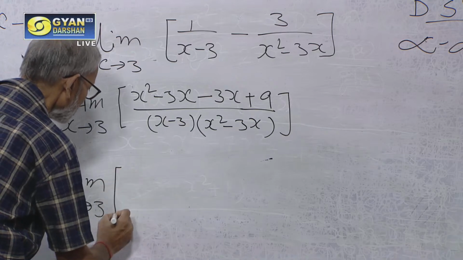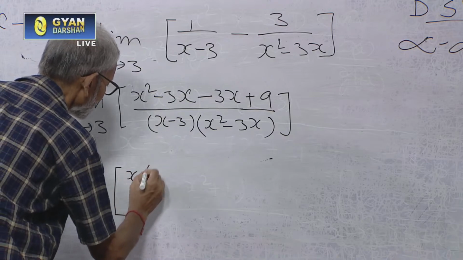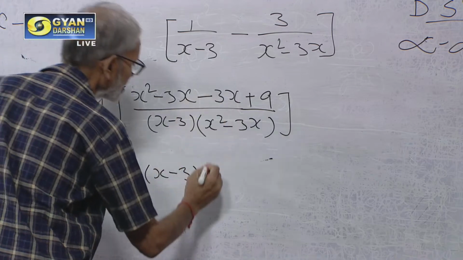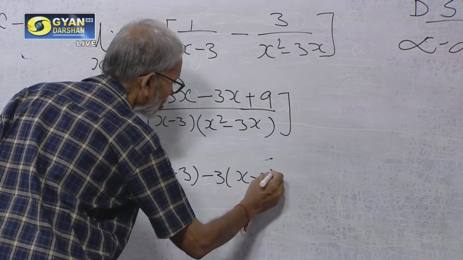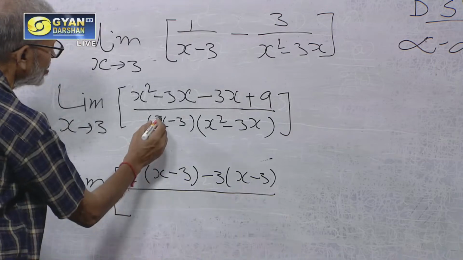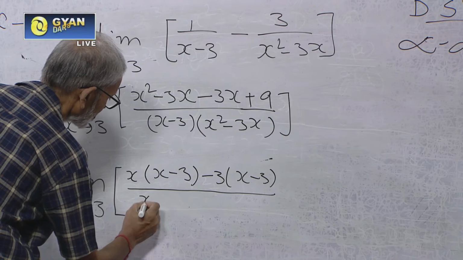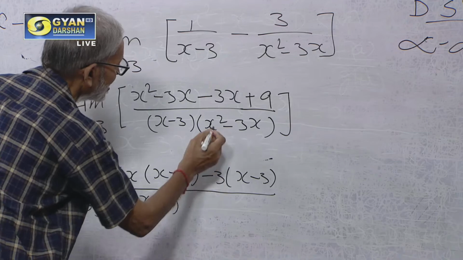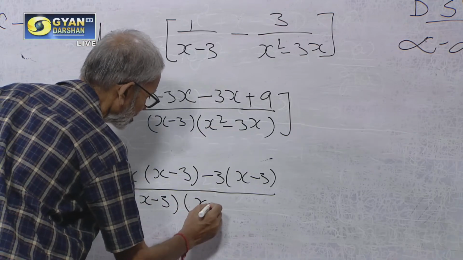So, here take x common, x minus 3, minus 3 common, x minus 3, divided by the denominator x minus 3, and take x common. So, x will come here, again x minus 3.